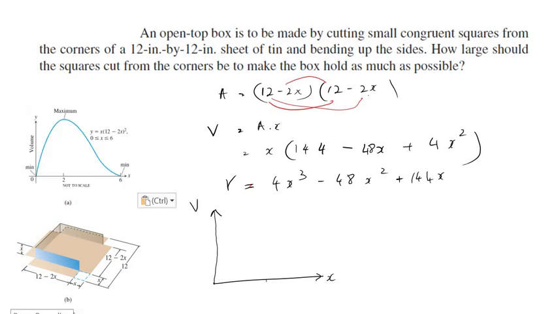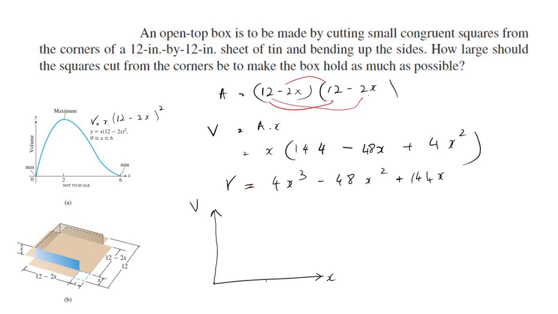We see that the volume function V equals x times (12 minus 2x) squared is maximum at x equals 2. You can see it from a graph.